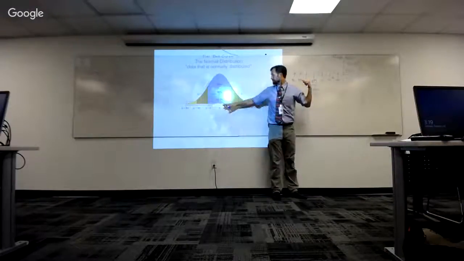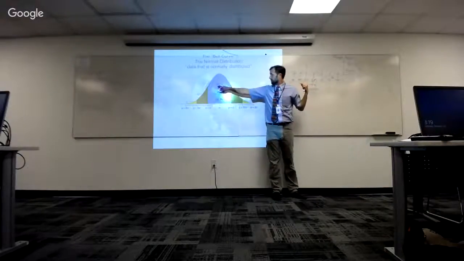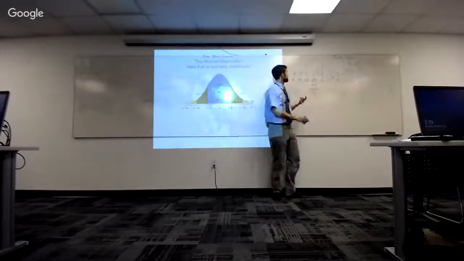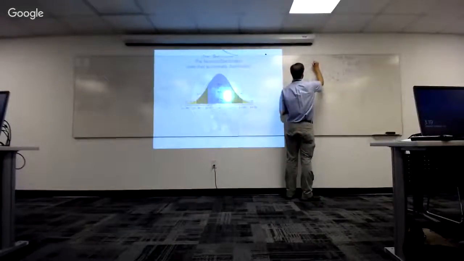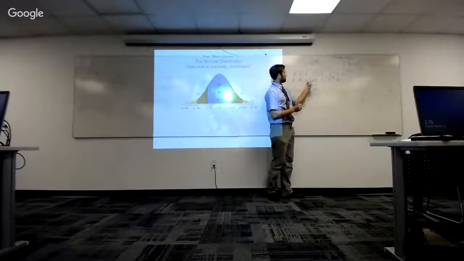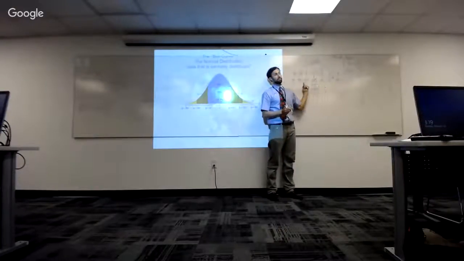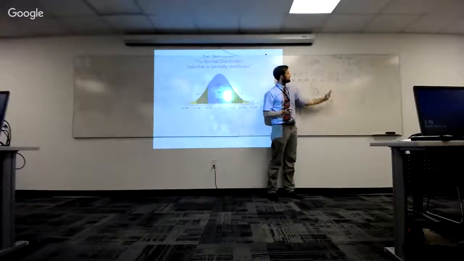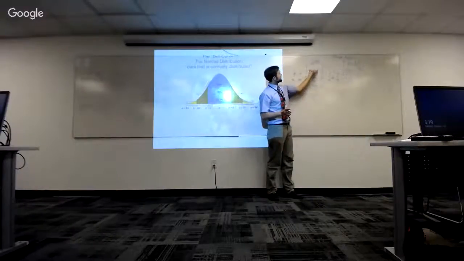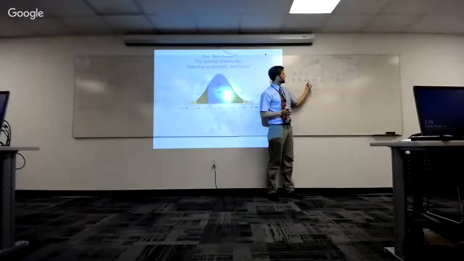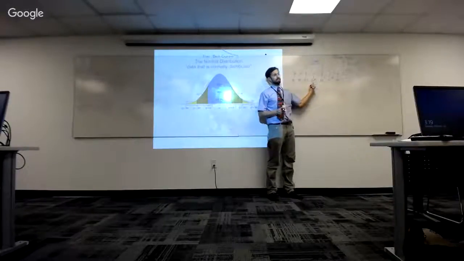And the answer is, for any normal distribution, always 68%. So 68% of any normal data will fall 1 standard deviation from the mean. So it doesn't matter if you're talking about height or inches or what. So long as you're looking at a normal distribution of data, 68% of all of your observations will fall within 1 standard deviation of the mean.